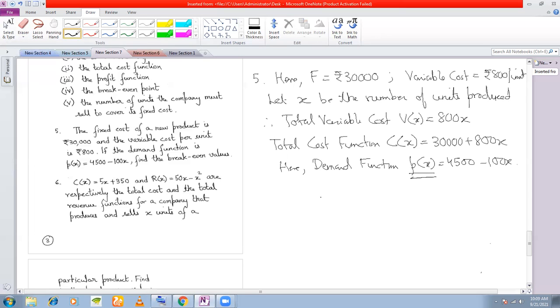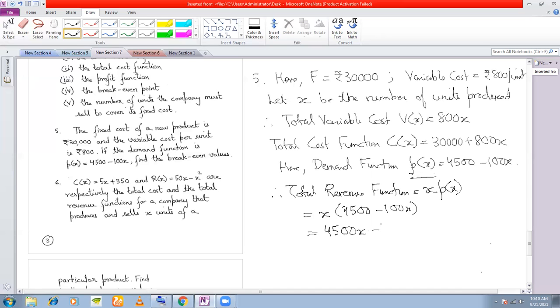Total revenue function is equal to x into p(x), which is x into 4,500 minus 100x. It will be 4,500x minus 100x square. Let's write it as Rx. So total revenue function Rx is 4,500x minus 100x square.